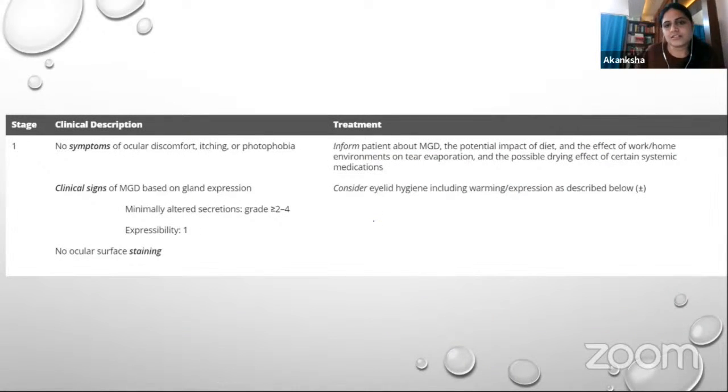So this is, in summary, the treatment of Meibomian gland dysfunction, which was suggested by the international workshop itself based on the staging. They said that in mild or early stages where there may not be many symptoms, but there are some clinical signs and there is no ocular surface staining, you can inform the patient about eyelid hygiene, lid compresses, lid warming.